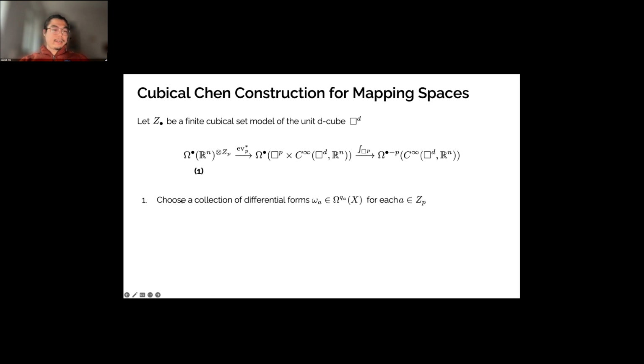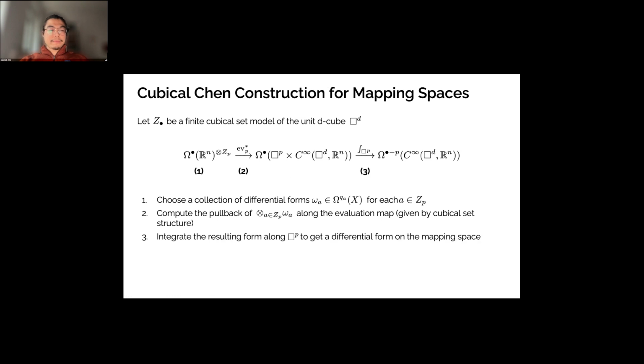So first we choose a collection of differential forms on our underlying manifold, in this case Rn, and we choose one differential form for each p cube that we have in our model. We can compute the pullback of the tensor product of these forms along the evaluation map, which was given by our cubical set structure in the previous slide.